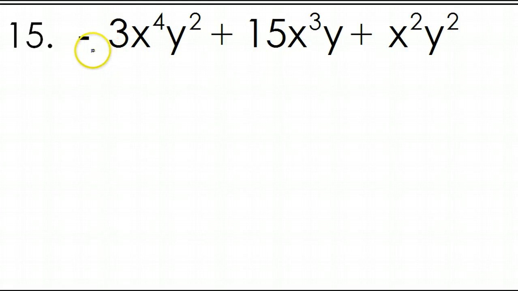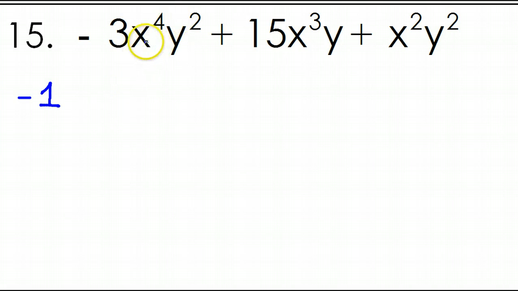However, we don't like to leave a negative in the front. So if you have a negative in the front, go ahead and factor out -1 as part of your GCF. Okay, don't leave a negative on the inside of your parentheses as the leading coefficient.